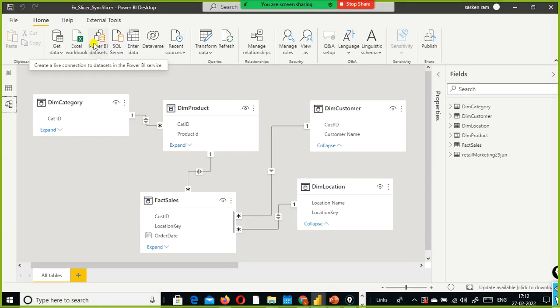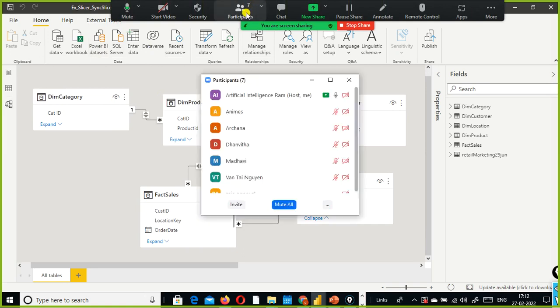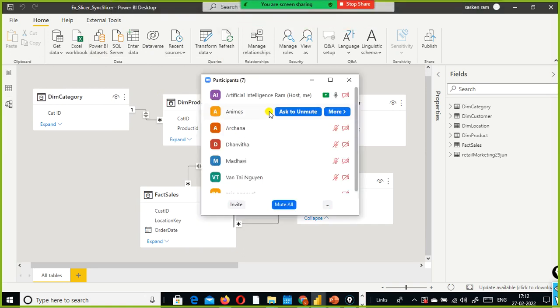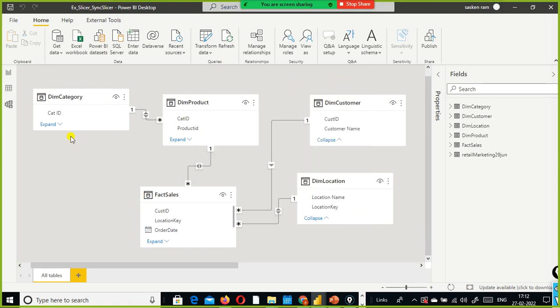There are situations where the cascading will not happen. So what kind of situation will it not happen in? That's when I discussed the cross filtering direction both. Look here. In this case, the category and product dimensions are there.